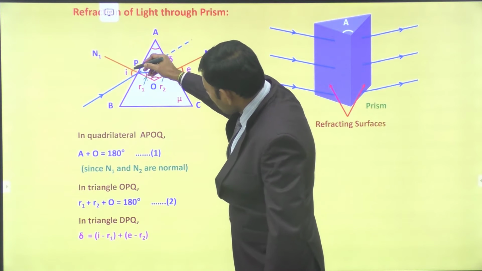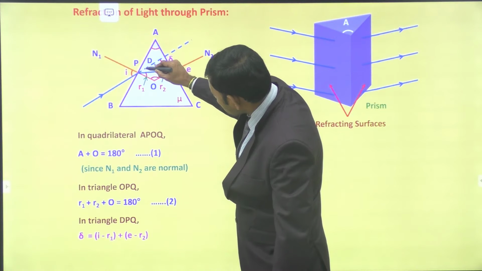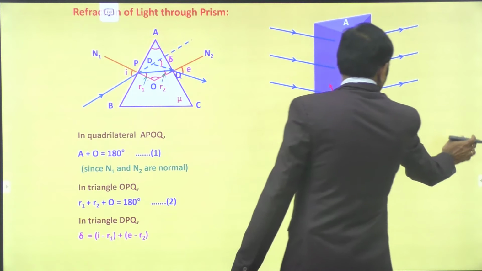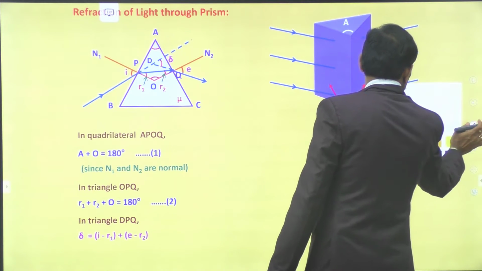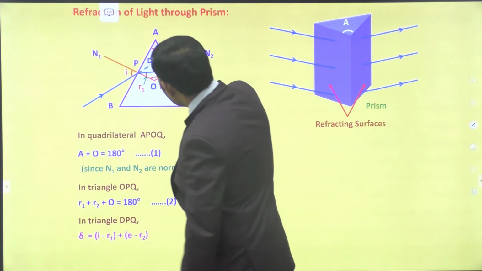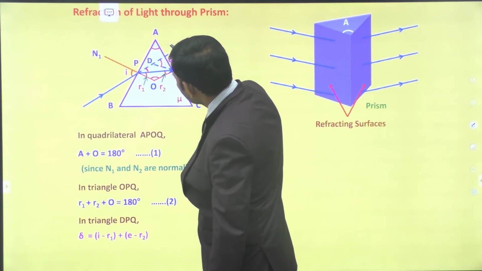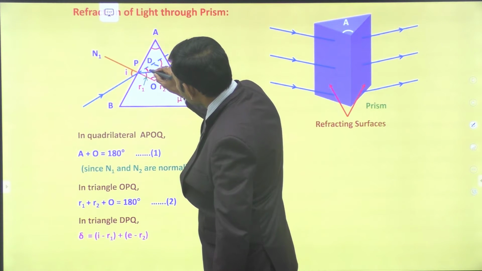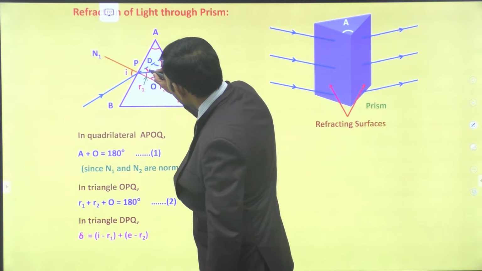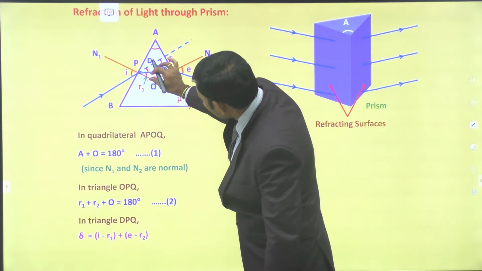Here this angle is I, therefore this angle is also equal to I. This angle, students, look into it carefully. This one I am showing as I minus R1, because this is I and this is R1.